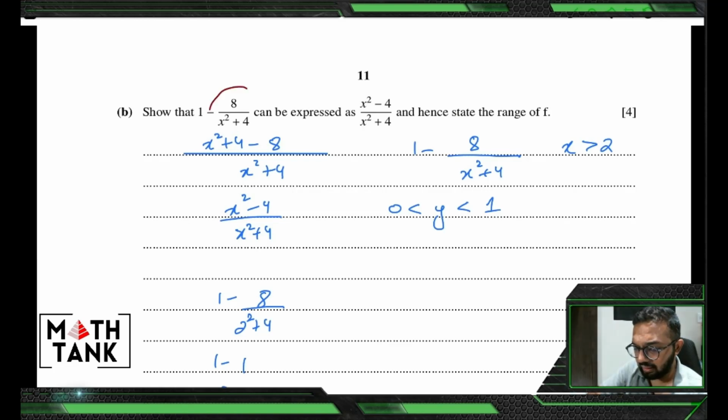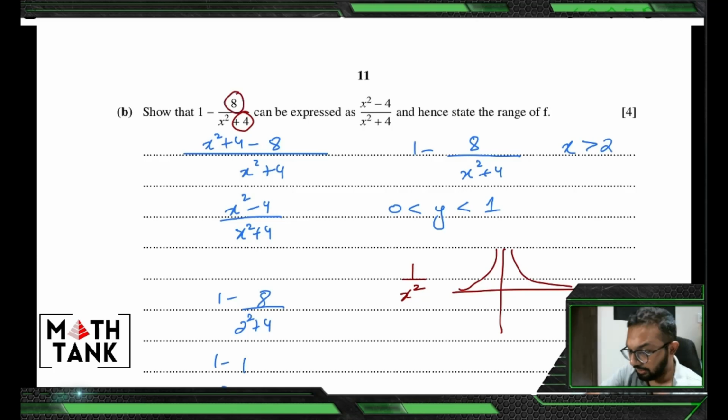The other way of thinking about such questions is that you should remember what 1 over x squared looks like. Then what I see is that there are two different transformations, plus 4 and 8, on the original function. They have not caused any changes in the vertical, so the range will not have changed. Right now the range is y greater than 0, so that isn't changed.